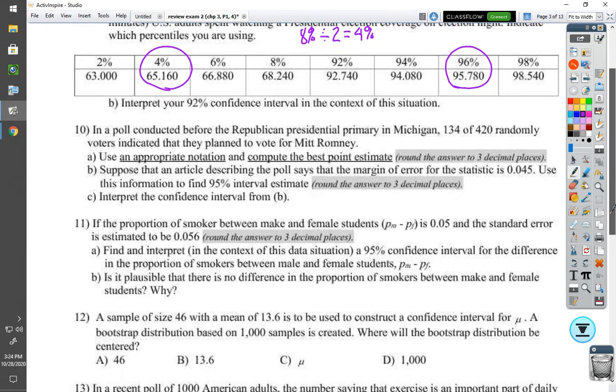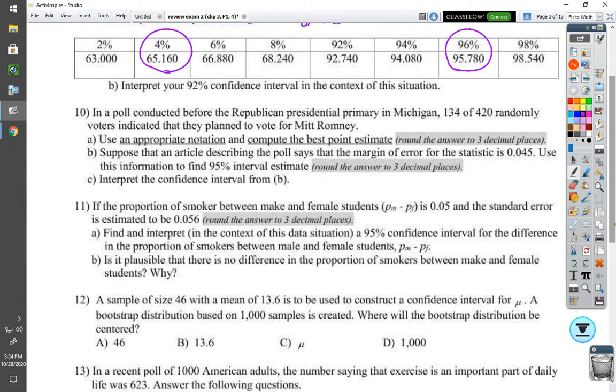Question 10. In a poll conducted before a Republican presidential primary in Michigan, 134 of 420 random voters indicated they planned to vote for Mitt Romney. Well, right away, that means I have a p-hat value, because it's a proportion, of 134 people out of 420.